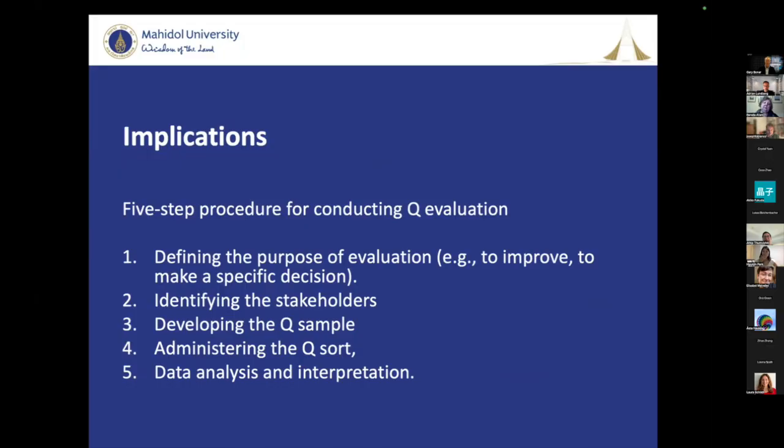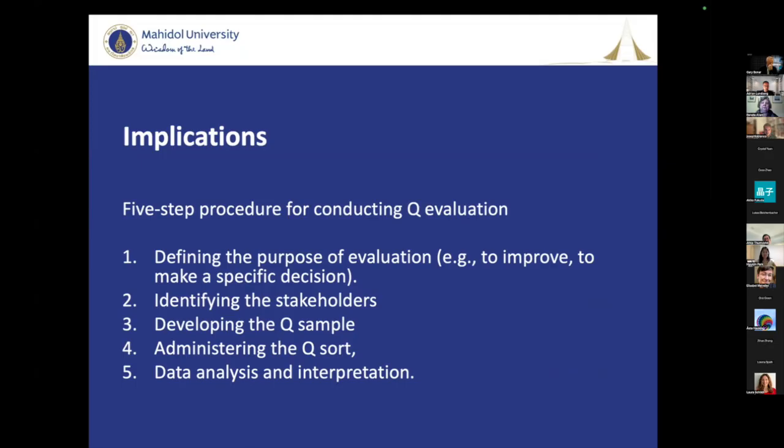And for the implications, I propose 5-step procedures of how Q methodology can be conducted. I know these steps look a lot like typical Q research, but there are small differences, right? When it comes down to using Q evaluations, it's very important to define the purpose of evaluations, because the purpose of evaluation can vary from program to program, context to context, right? And whether it's to improve the program or whether it's to make specific decisions, we have to define the purpose.